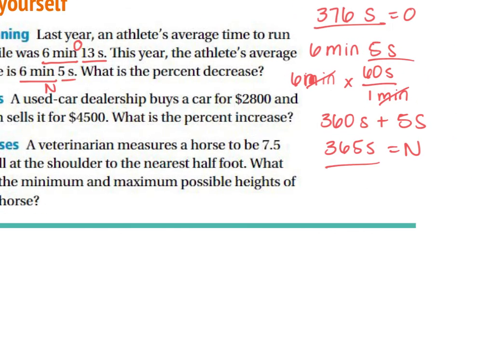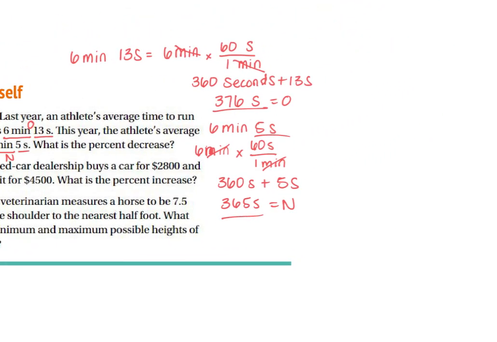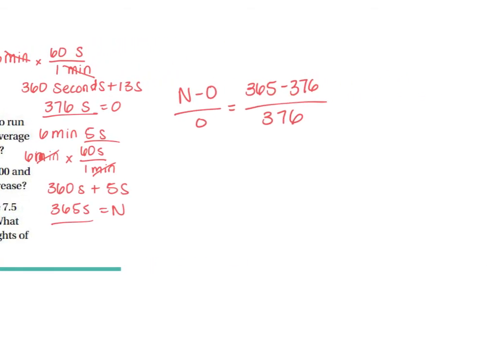So all we have to do now is apply our formula. That's going to be n minus o over o, which is 365 minus 376 over 376. 365 minus 376 is negative 11 over 376.